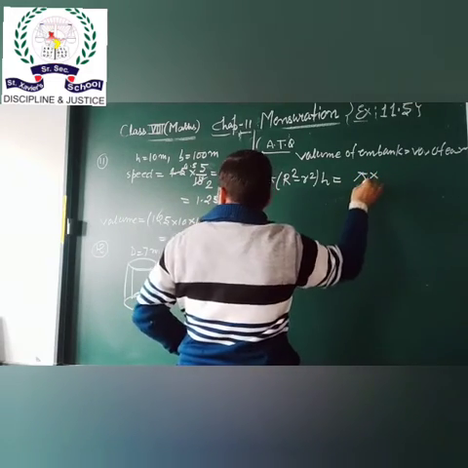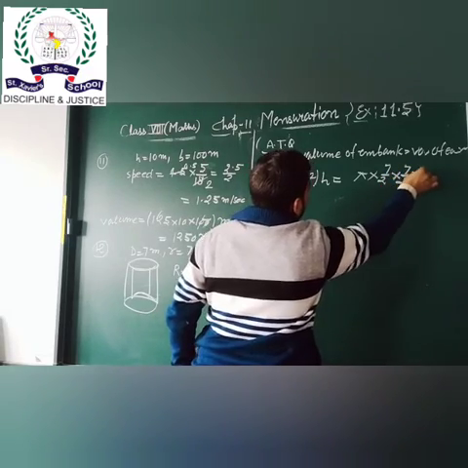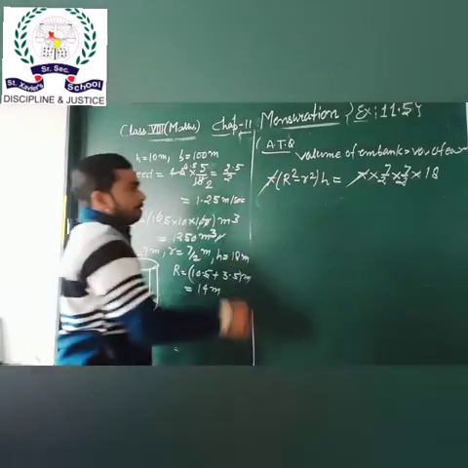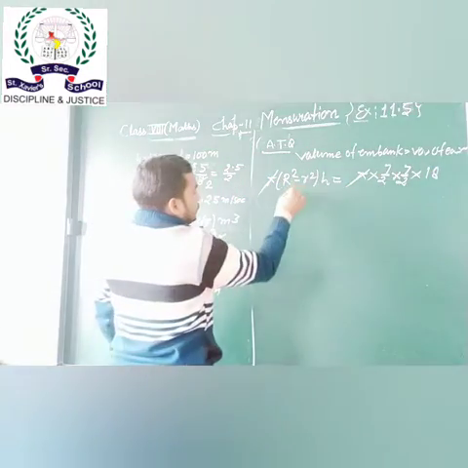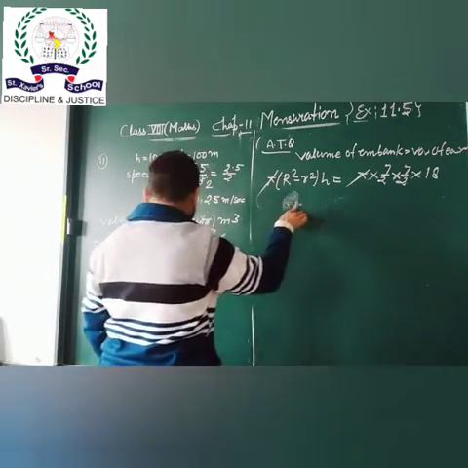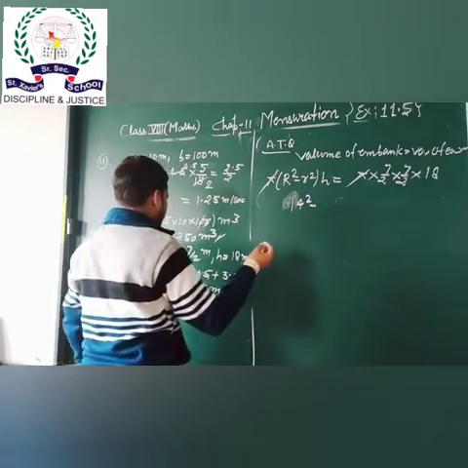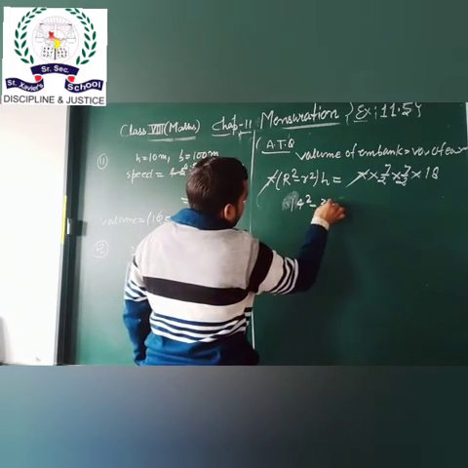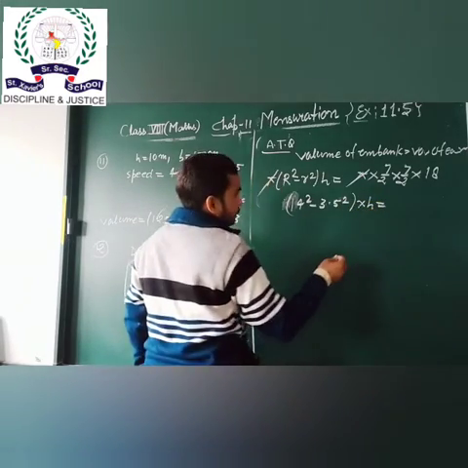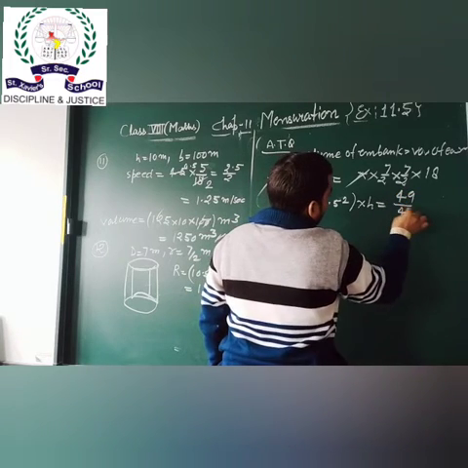Pi r square is given 7 upon 2, 7 upon 2 into 7 upon 2 into height, that is given 18. So pi divided by pi. Capital R square minus small r square, put the value. Capital R is 14. So 14 square minus small r 3.5 square into h equal 7 7s are 49 upon 4 into 18.